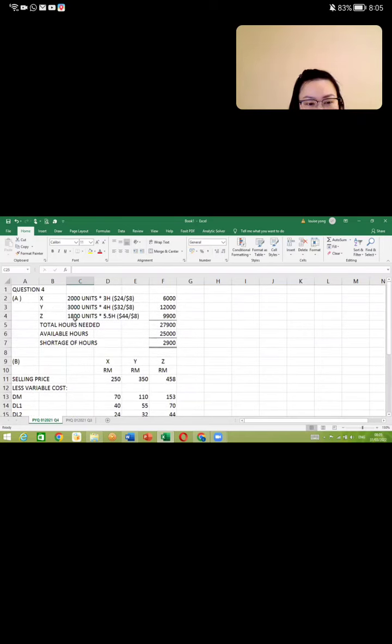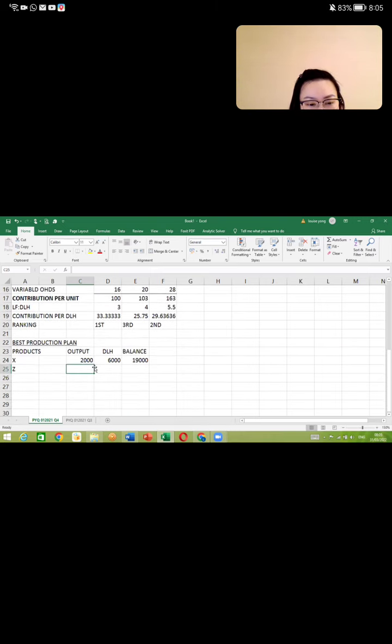Refer back your working here. Z 1,800 units. So multiply by 5.5, then total direct labor hours will be 9,009. Then use your 1,800 multiplied by 5.5 hours. So 9,009.